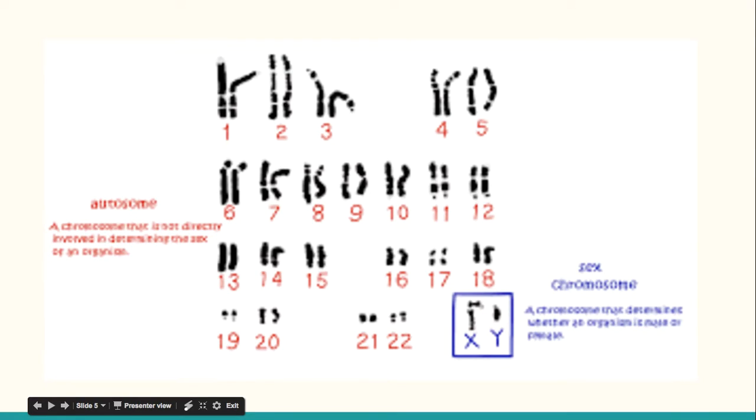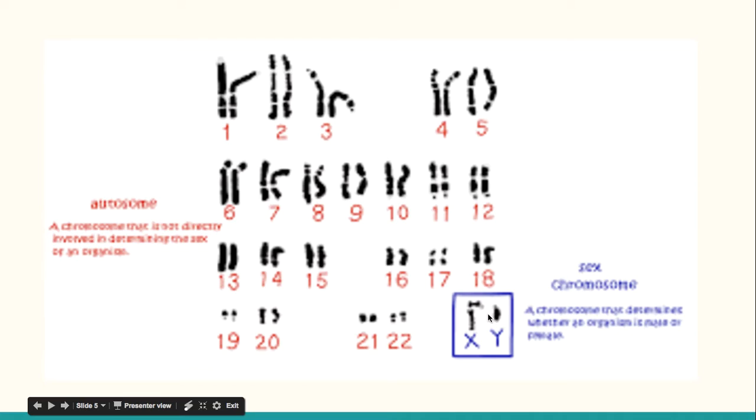So here's a picture of a karyotype. Again, you see the autosomes here in red. They're sorted by size. The first chromosome is always the largest, and as they go on, they get smaller and smaller. Here in blue, we have our sex chromosomes.